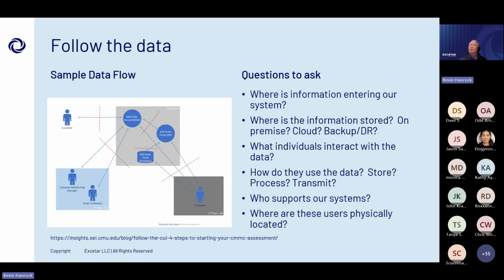Now, these could be electronic systems, but it could be physical systems as well, right? You may print out some of this information. You may then have to store that information in file cabinets. You may have to use that information, manipulate it in CAD systems, etc. So all of those things should be part of your overall system security.